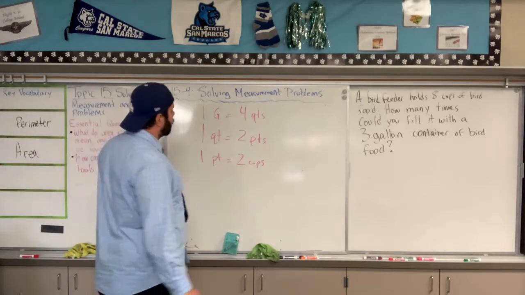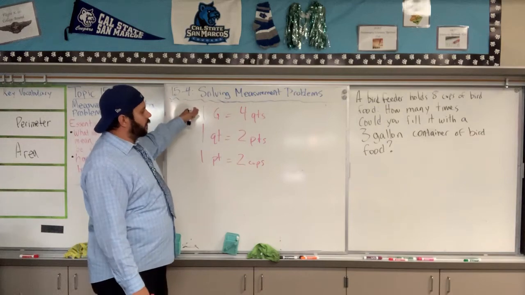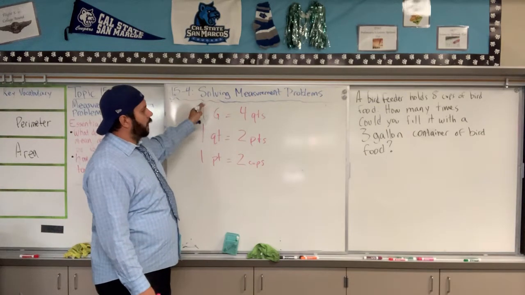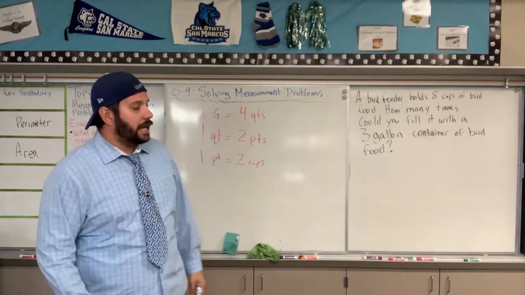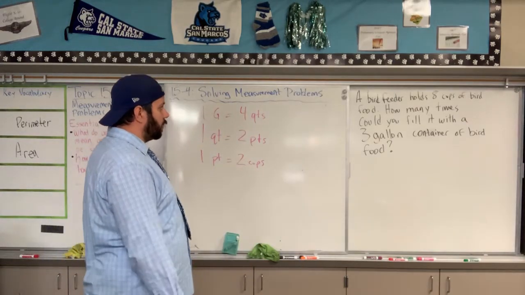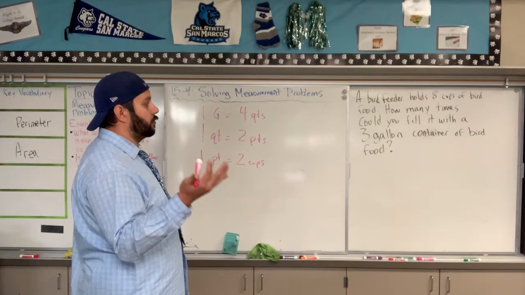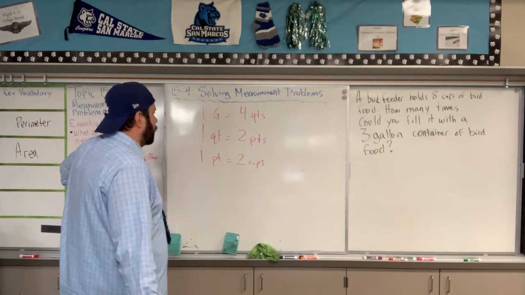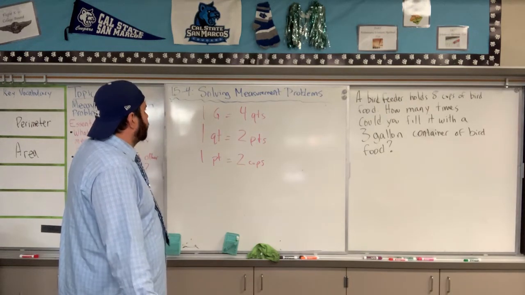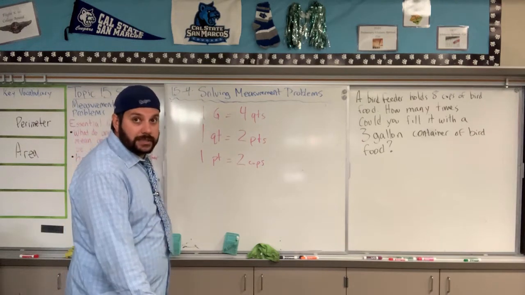All right, so now I have 3 gallons, and it's not asking how many cups are 3 gallons. It's asking if I have an 8-cup container, how many times could 3 gallons fill it? Well, I want to get the units the same.